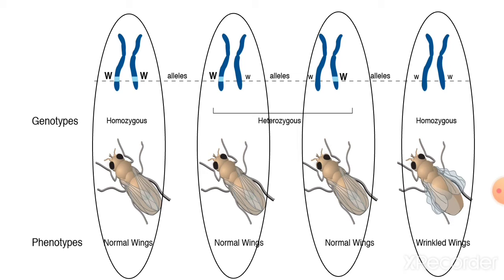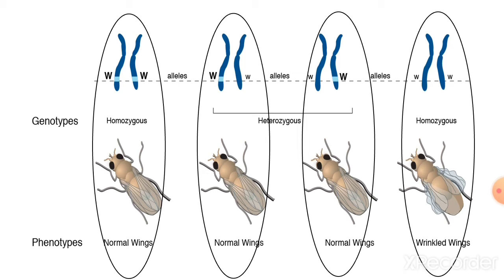So the fourth condition is the homozygous recessive condition, but the first condition is the homozygous dominant condition. In the first condition, the shape of the wing is normal, but in the fourth condition, which is homozygous recessive, the shape of the wing is wrinkled.